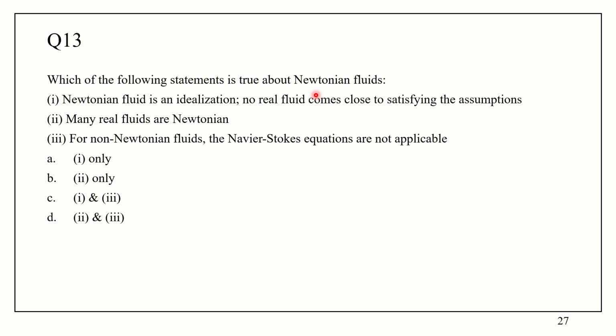And statement 2, many real fluids are Newtonian, is again true. Most of the real fluids that we see in our daily life, and also most chemicals, are Newtonian fluids.